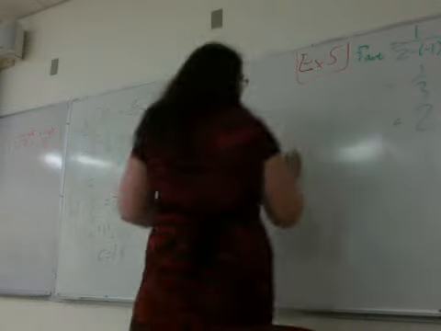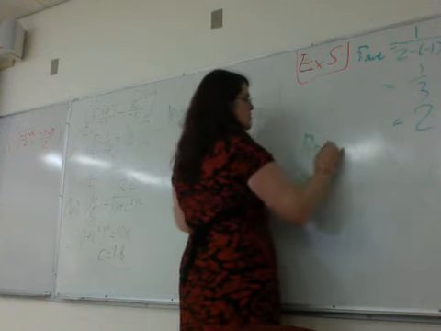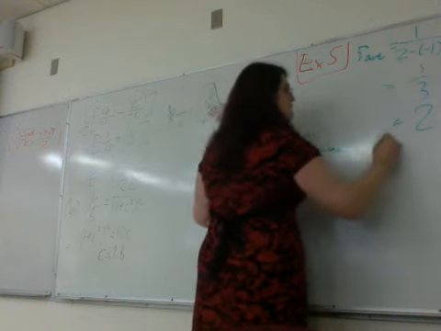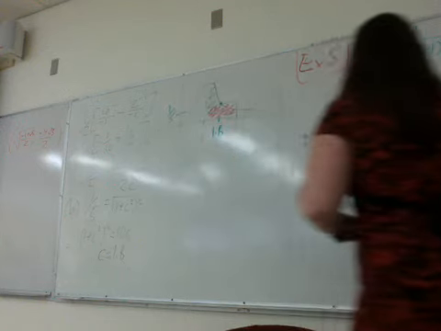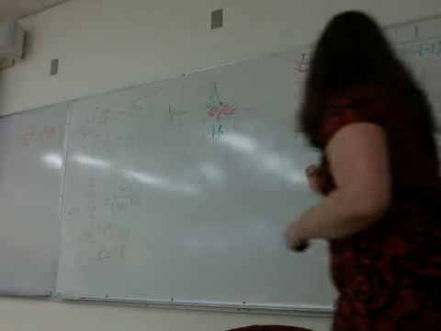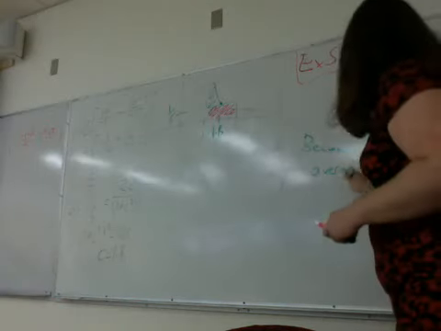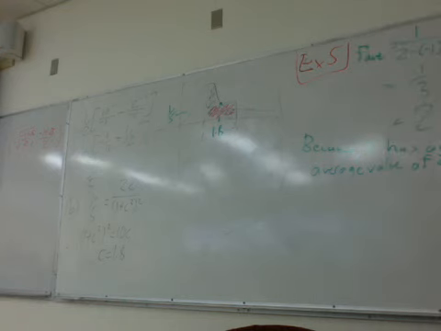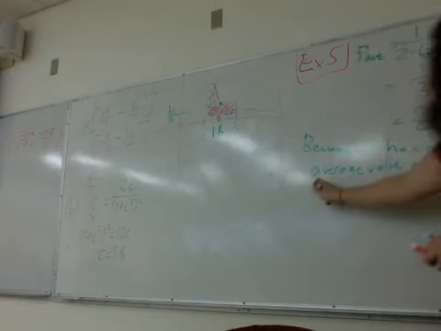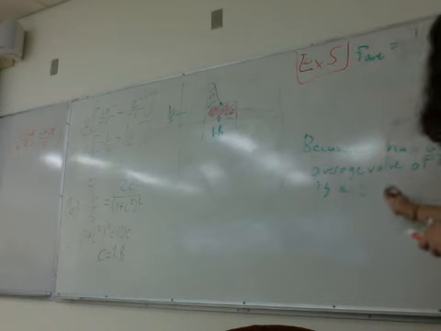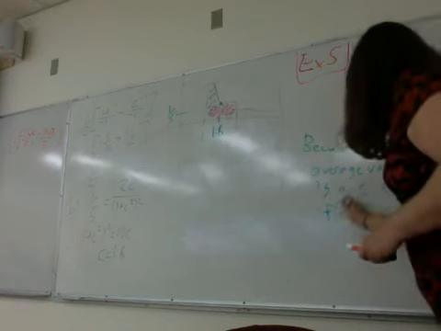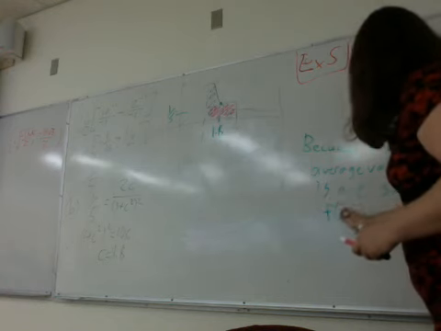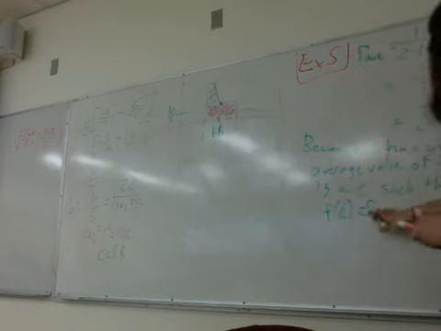Since it has an average value of 2, I can say because f has an average value of 2, there is a c such that f of c equals 2.